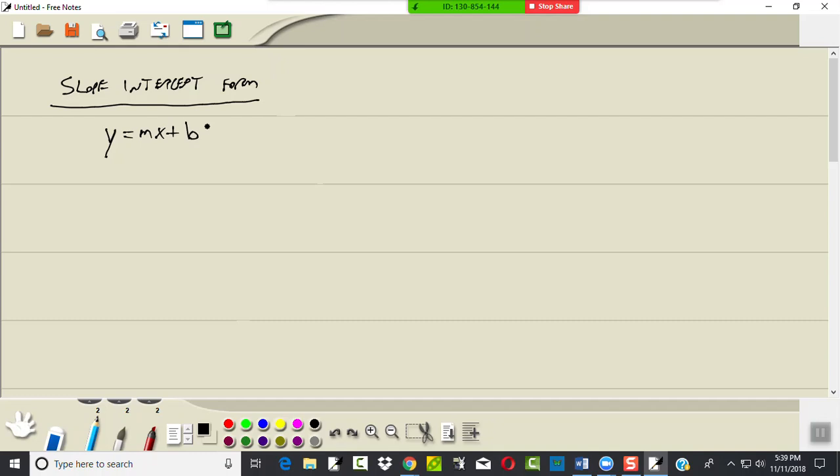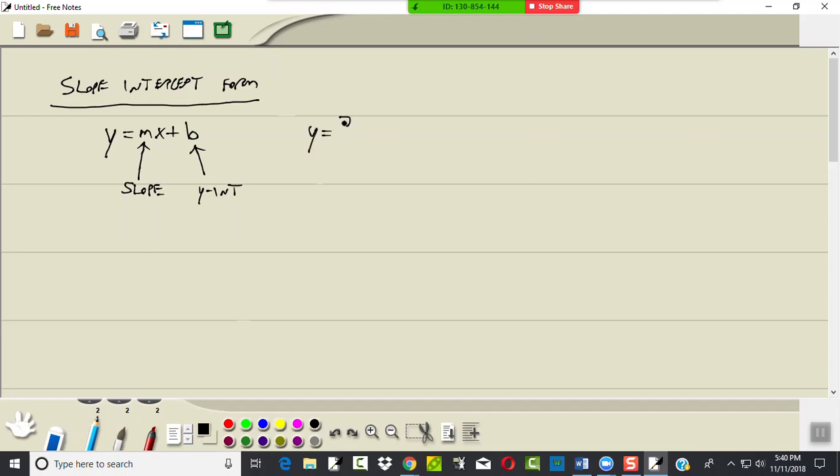Now m is a number and b is a number. So the m right here is going to be our slope, and the b will be our y-intercept. And this is, again, if you're graphing these by hand. If you're using Desmos, you don't need to use this principle. You just type it directly in.